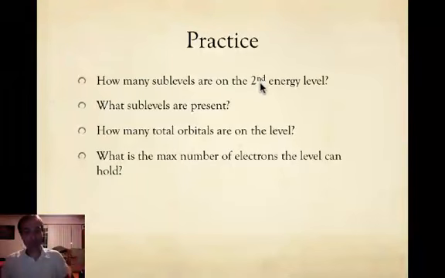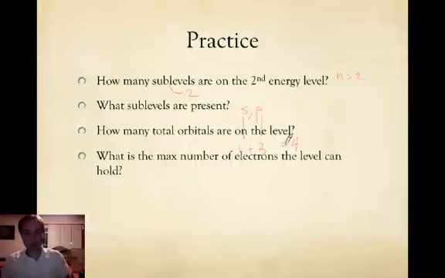So how many sublevels are on the second energy level? That would be 2, because n is equal to 2. What sublevels are present? The first one is always S, the second one is P. So you have S and P sublevels. How many total orbitals are on that level? Well, S contains 1 orbital, P contains 3 orbitals, so 1 plus 3 would give us a combined total of 4.